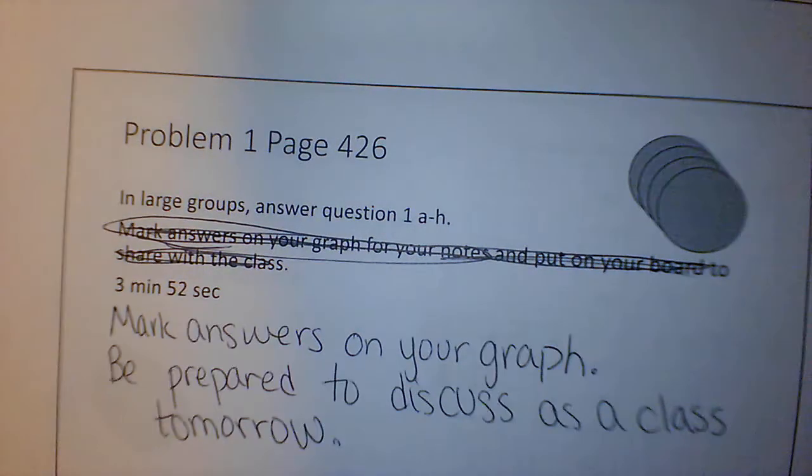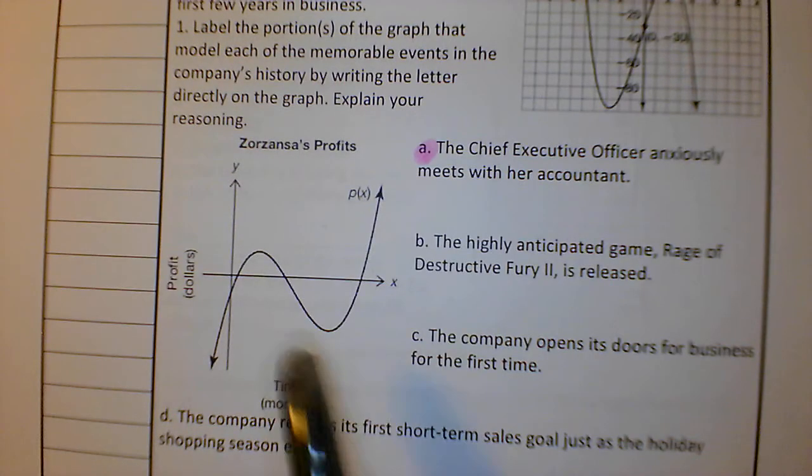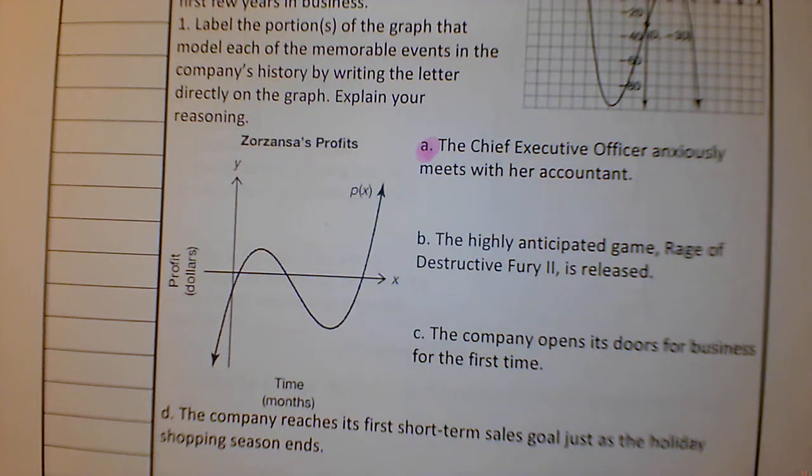Okay, let me pull that graph up for us. It's this one right here. So for most of the day, this is the graph that we're going to be looking at.